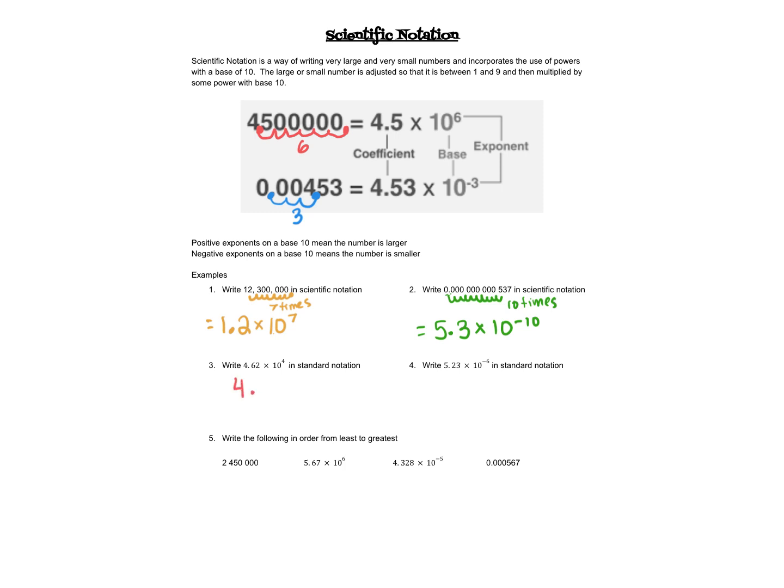So it's going to be 4.62, and we're going to move the decimal to the right 4 times. 1, 2, 3, 4. So the decimal moves here. And zeros fill in there. So the number becomes 46,200.